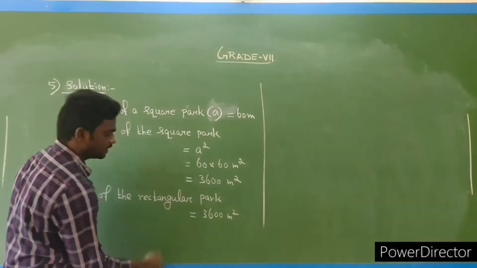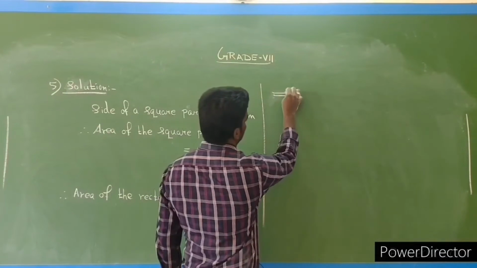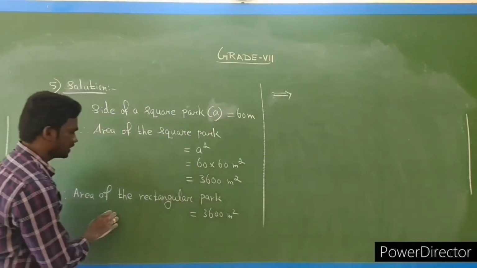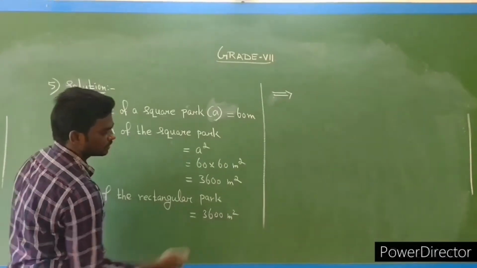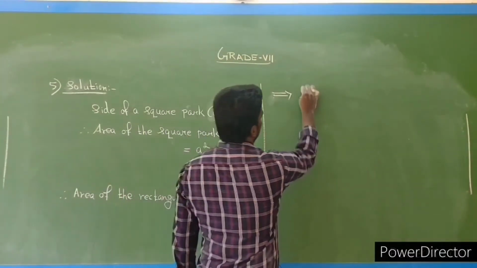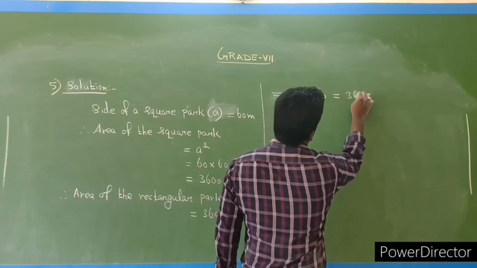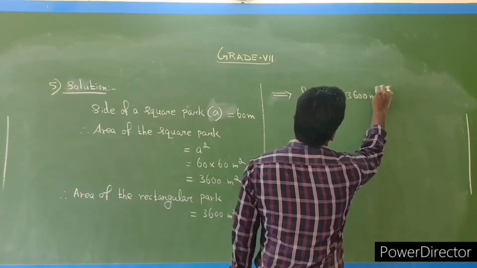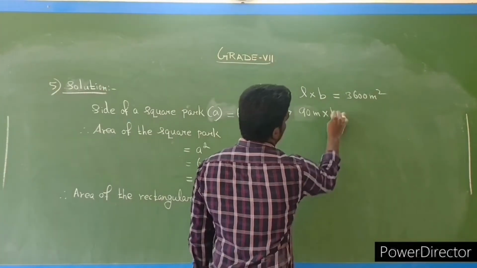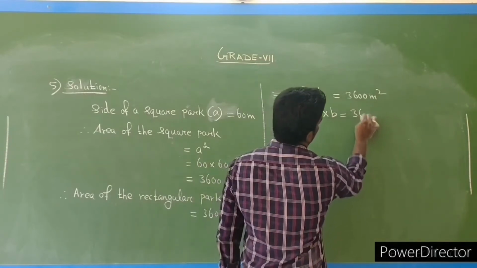So this condition is given in our question. Length into breadth is the area of the rectangular park, which is equal to 3600 meter square. So 90 into B is equal to 3600 meter square.